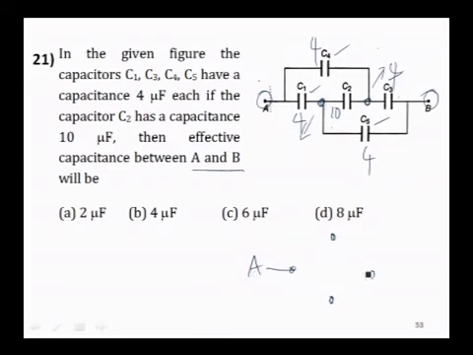A here, B here, and I will call this P and Q, A to P and B to Q. A to P you have a capacitor, A to Q also you have a capacitor, B to Q you have a capacitor, and B to P you have a capacitor, and all these are 4. P to Q you have 10.